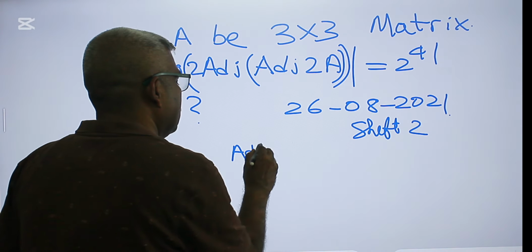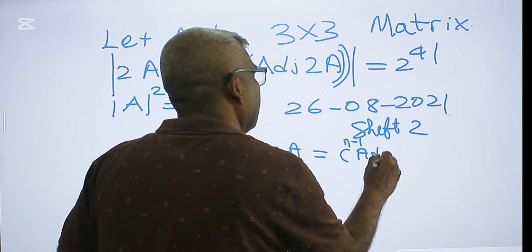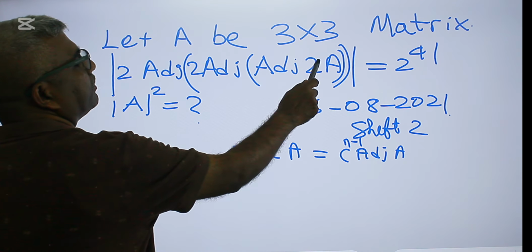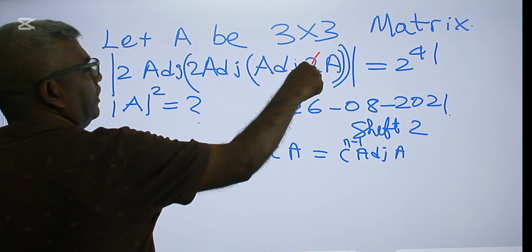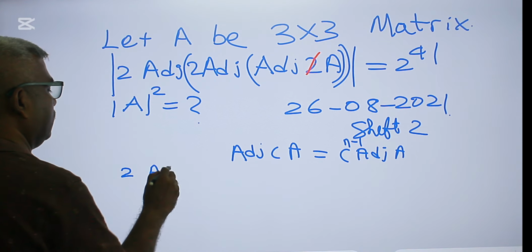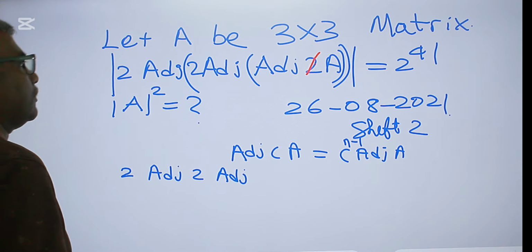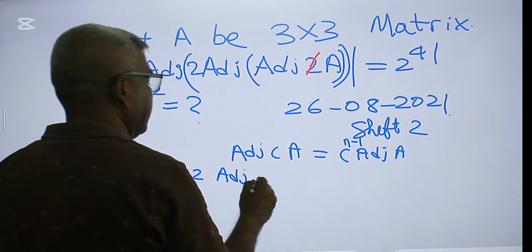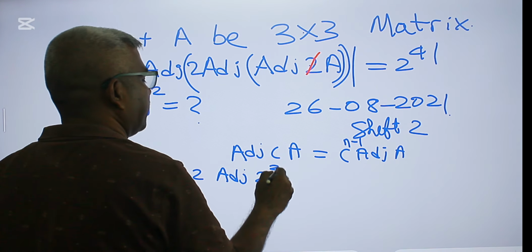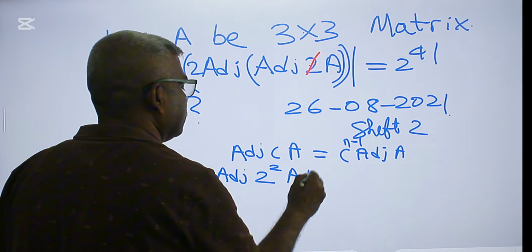Adjoint CA means C power n minus 1 adjoint A. Okay, so now we are going to take this 2 out. 2 adjoint A, this 2 I am taking out. So 2 power n minus 1. It is a 3 cross 3 matrix. So 2 square adjoint A.